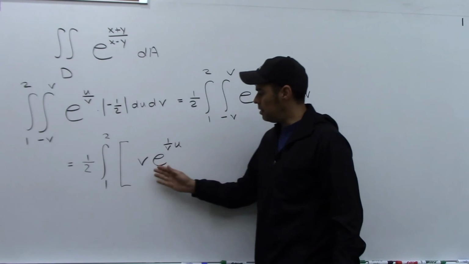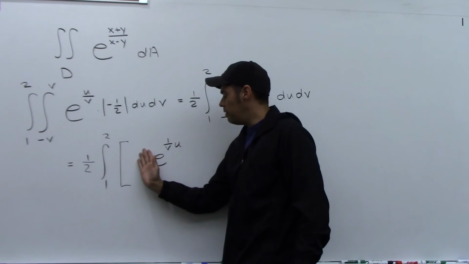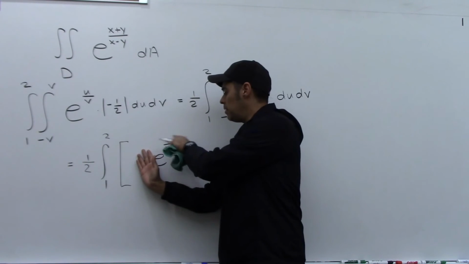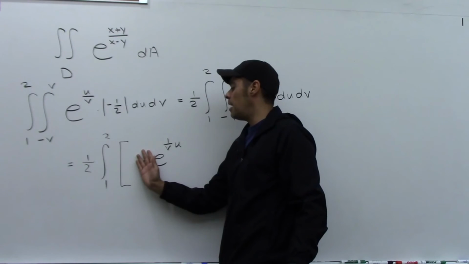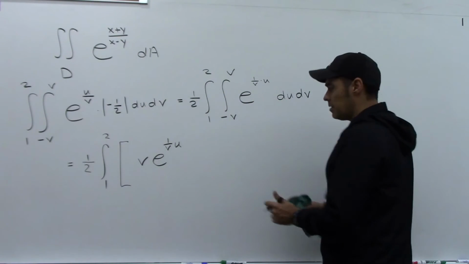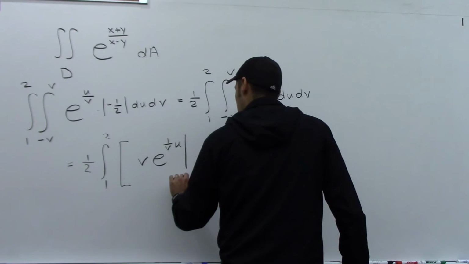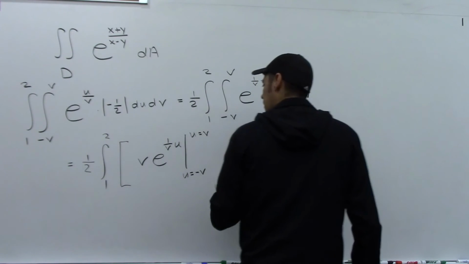Just think about it: what's the derivative of this with respect to u? That v is a constant, ignore it. The derivative of the exponential is itself times the derivative of what's up here with respect to u, which is 1 over v. So 1 over v pops out, hits that v, goes away, and that leaves you with this. So that's the antiderivative, evaluated from u equals negative v to u equals v.